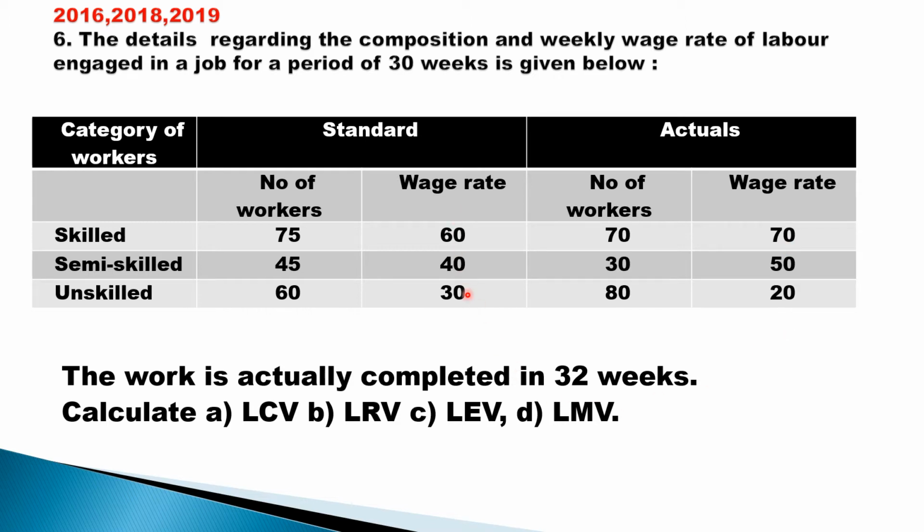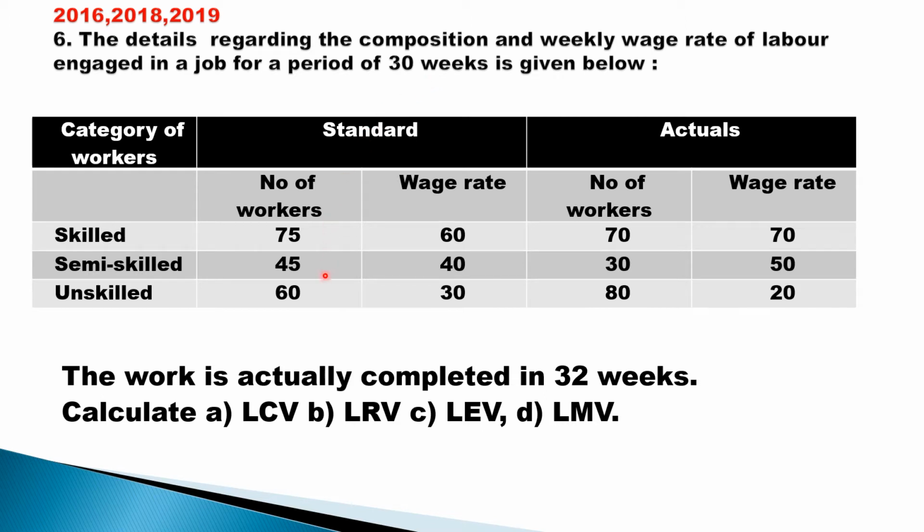So we have standard rate, we have actual rate, but we don't have standard time and we don't have actual time. How to find? Standard time is 30 weeks. So how do you find standard time for skilled workers? 75 into 30, semi-skilled 45 into 30, unskilled 60 into 30.